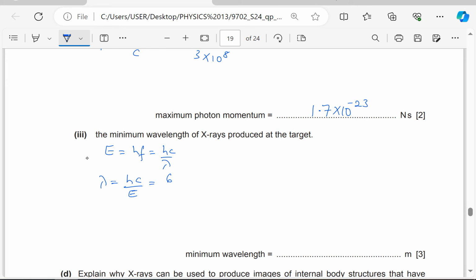So h is 6.63 times 10 to the power of minus 34, times 3 times 10 to the power of 8, divided by, because when the energy is maximum, the wavelength is minimum. So this is minimum, this is maximum, because they are inversely proportional. So this is divided by the energy, which is 0.032. But I have to change it to joules. So times 1.6 times 10 to the power of minus 13.